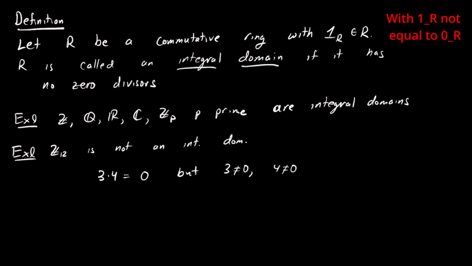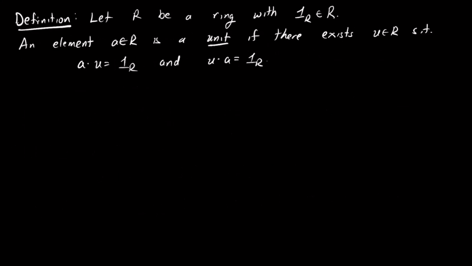And in general, Z mod n, when n is composite, is not an integral domain. And the key thing to notice is that we're considering commutative rings with identity when we're defining integral domains. Okay, so this is the first kind of ring we're going to encounter and talk quite a bit about.